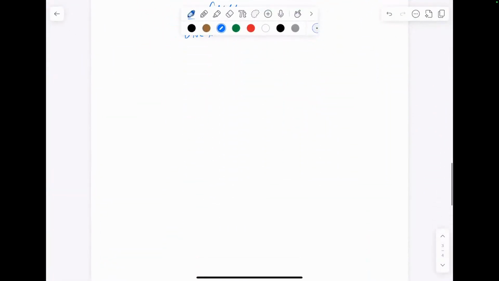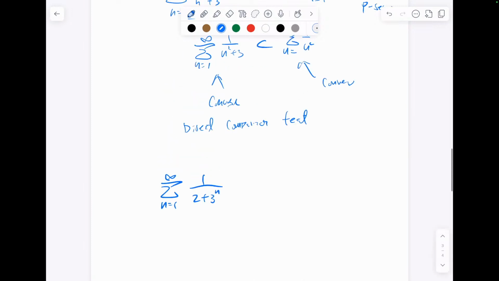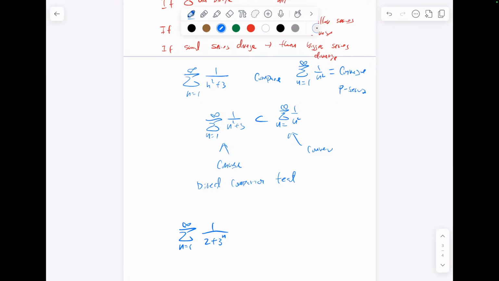You're going to try one here: the summation of n equal to 1 to infinity of 1 over 2 plus 3 to the n. So the summation of 1 over n squared plus 3 converges, because you can say that by the direct comparison test.